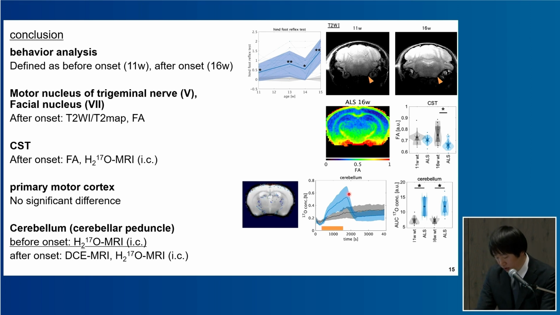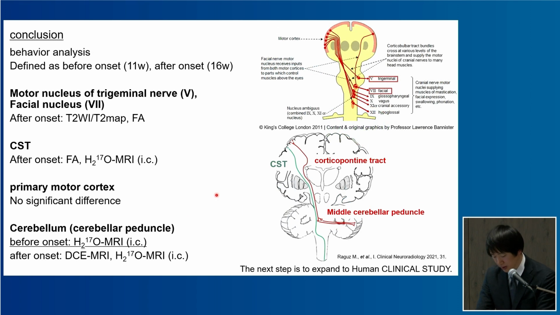Abnormalities were detected in the cerebellum before and after the onset of ALS using O17 MRI, especially in the middle cerebellar peduncles. These fibers, which originate in the motor cortex, transmit motor information and represent the descending motor pathway.